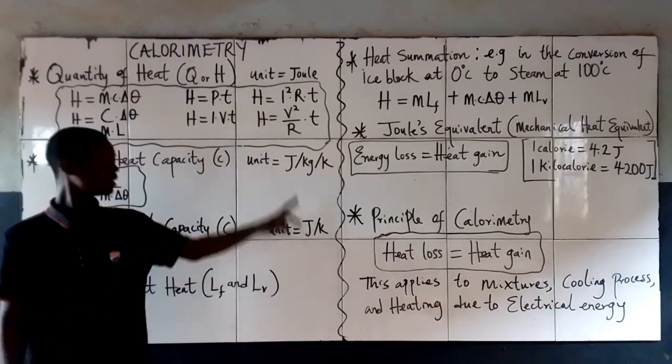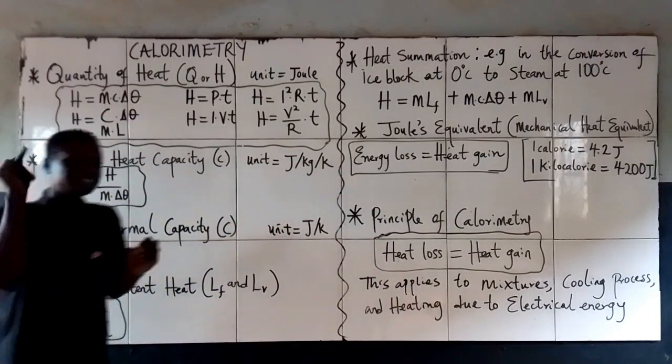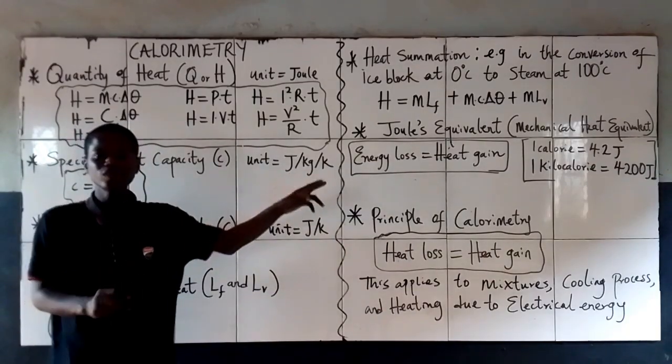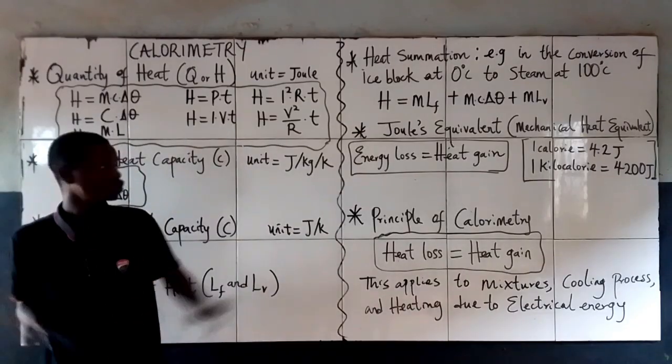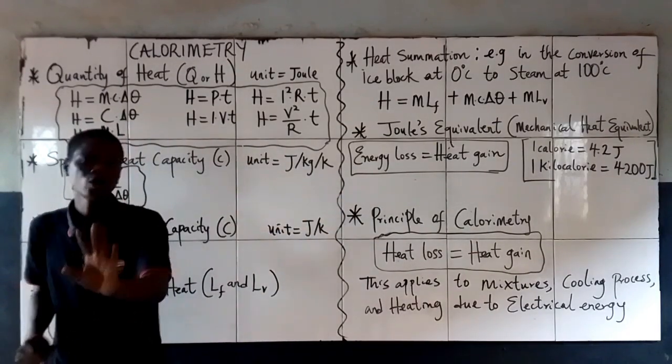The whole body, a unit mass. That's why this one is called specific, because it's the amount of heat that a unit mass of the substance needs to increase the temperature by 1 Kelvin or 1 degree Celsius. I hope that is clear.